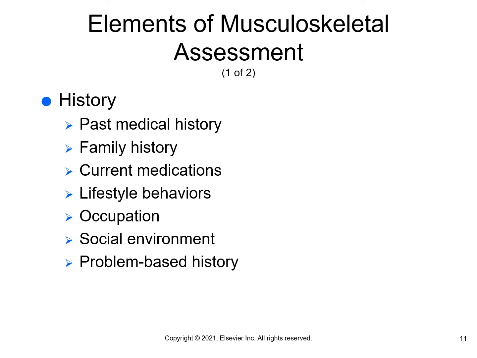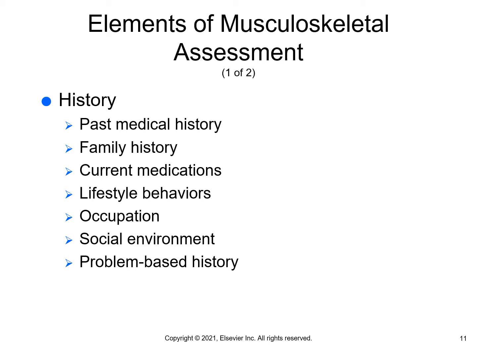So now we're going into the assessment of those elements of the musculoskeletal system. First we're going to look at the past medical history, family history. Certainly we're going to look at current medications. If your patient is taking pain medications or blood pressure medications, that could put them at risk for falls. That could potentially be a mobility issue.